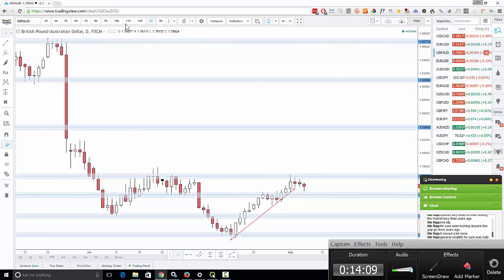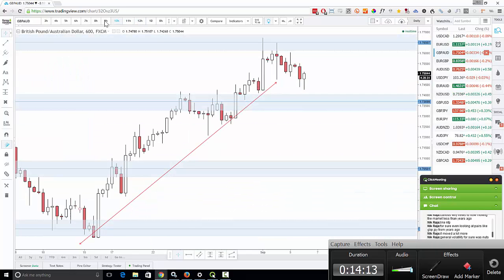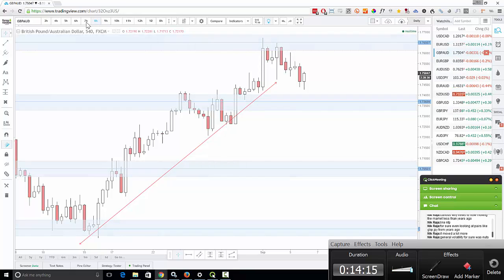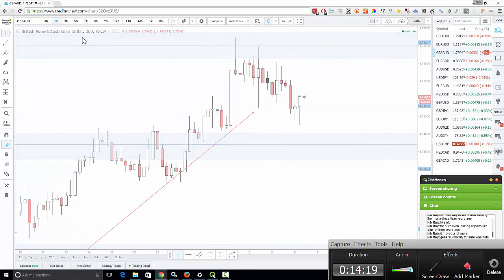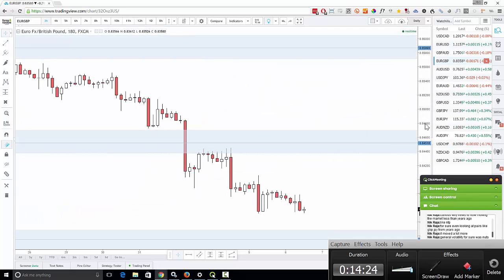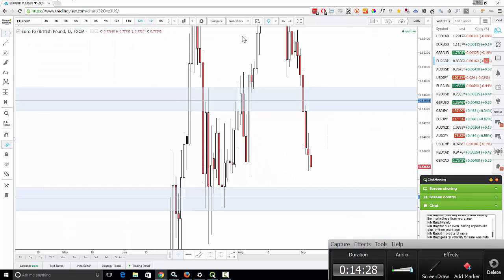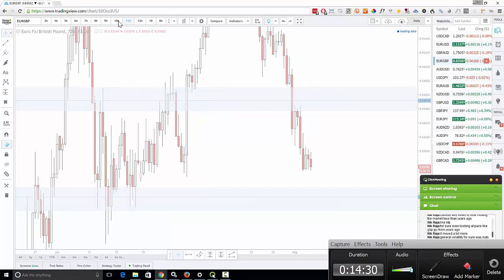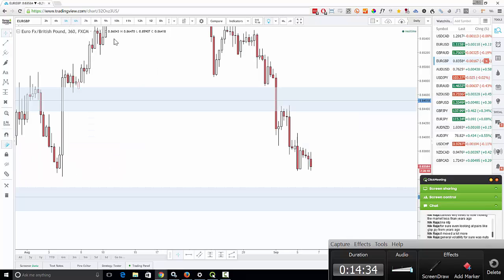You're stuck in between two support resistance areas, which means you're not going to give us anything. Yeah, definitely we're not going to get anything from GBP AUD. Euro GBP, stuck between two support resistance areas, so not going to get anything from this pair. Let's just quickly go through it.